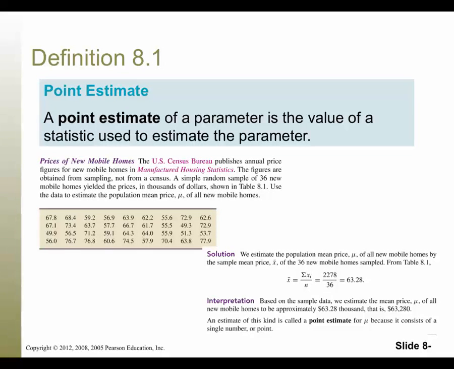Okay, so a point estimate of a parameter is the value of a statistic used to estimate the parameter.